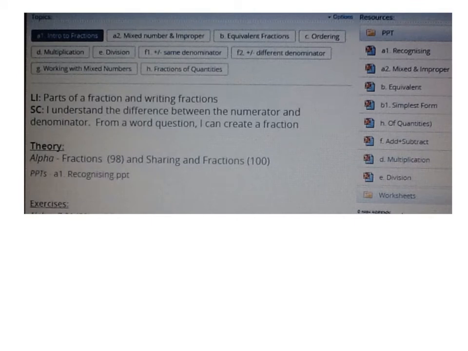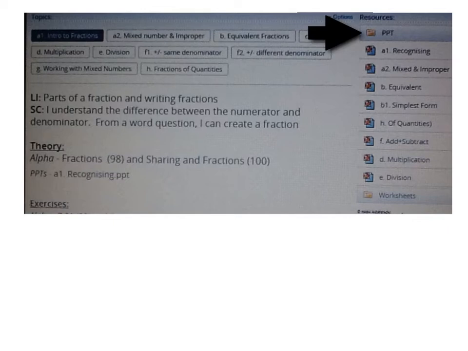Have a look on the right hand side of that Alternet page. You can see PPT, which stands for PowerPoints. And you can see on the right hand side there are PowerPoints about recognizing fractions, mixed and improper fractions, equivalent fractions, simplest form of quantities, adding, subtracting, multiplication and division.